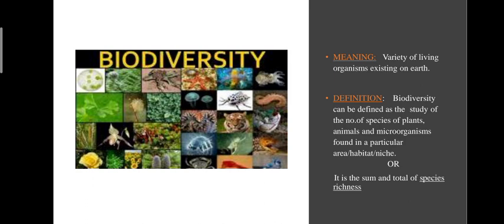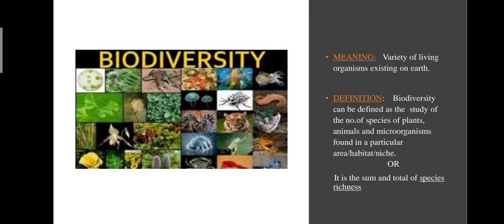Now what do you mean by habitat? Habitat is a place where an organism lives, or a place where an organism is residing. What do you mean by niche? Niche is nothing but a place where an organism gets fitted and adapted to that particular environment.